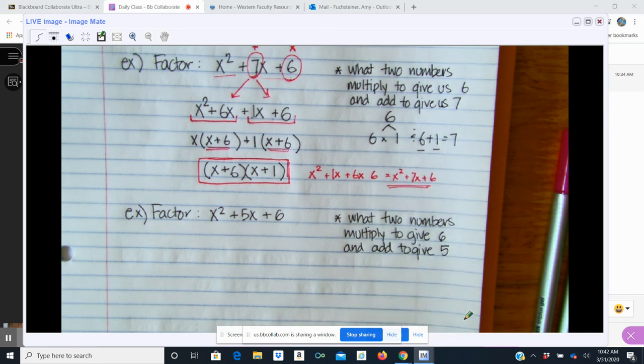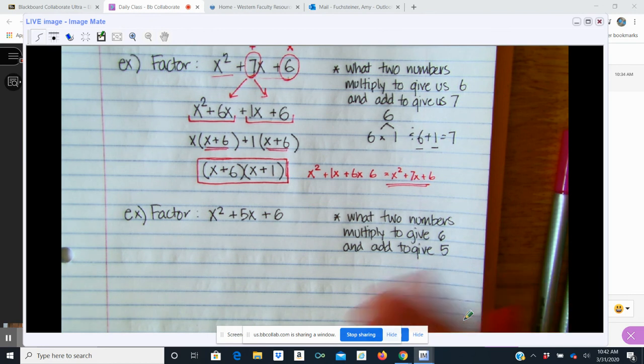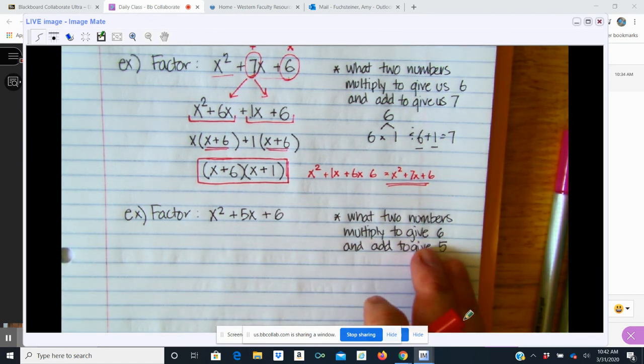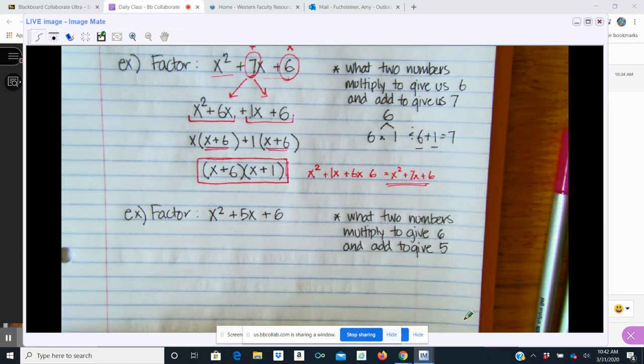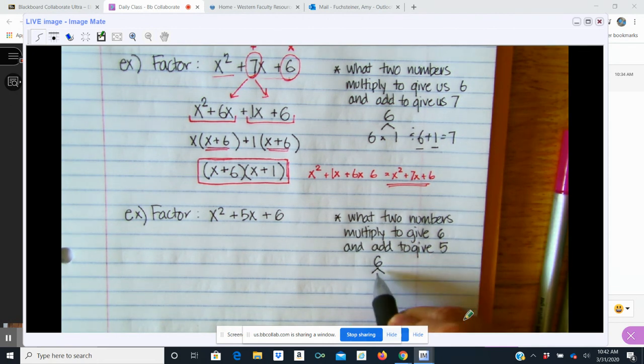Okay, this is a very similar trinomial to the first one, but we're going to get different factors. Because in this case, we want the two numbers that multiply to give 6, but add to give 5. So what two numbers can you multiply to get a 6, but when you add them, you get a 5?